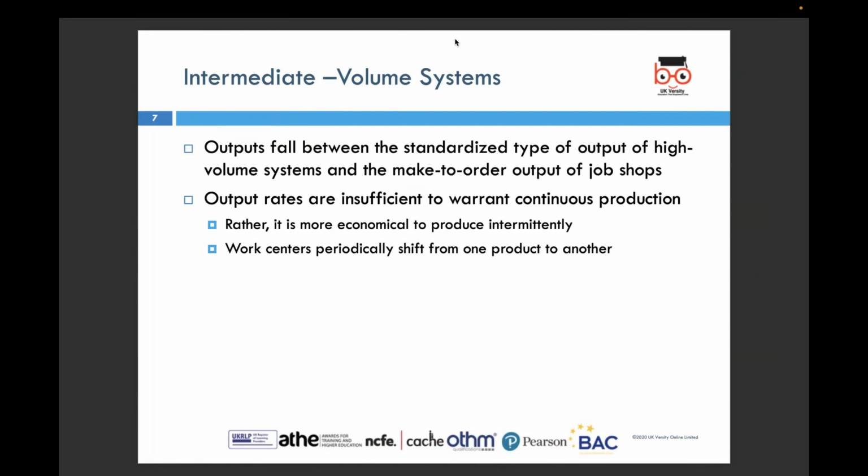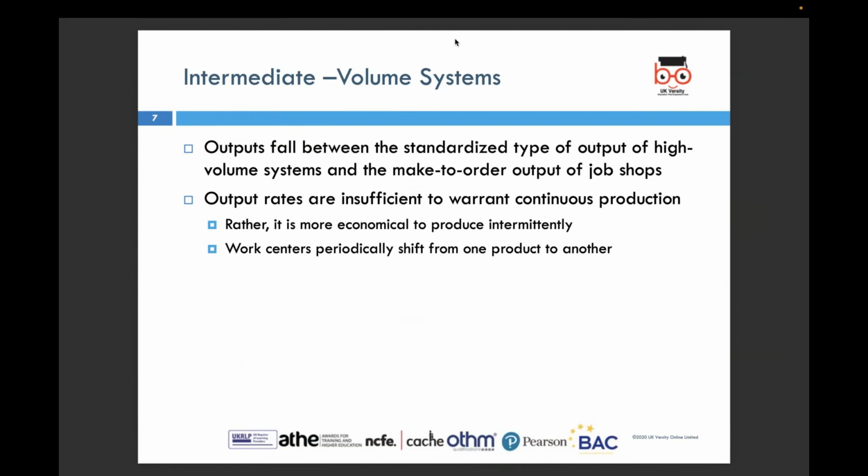They are manufacturing systems where the output falls between the standardized type of output seen in high volume systems and the make to order output typically found in job shops. In other words, they strike a balance between mass production and customized manufacturing.